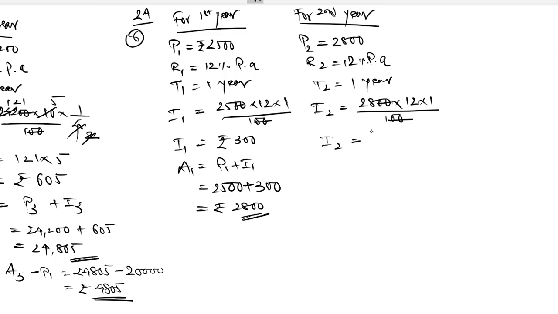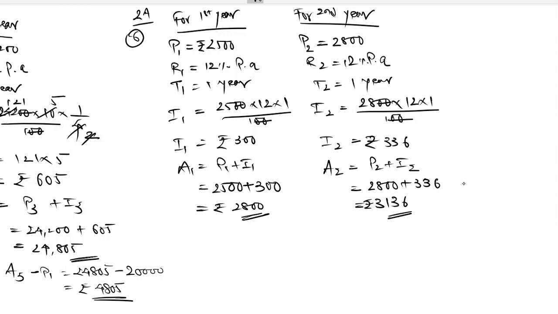So I2 is equal to 28 12s are rupees 336. So A2 is P2 plus I2, that is 2800 plus 336. So this is 3136. So this is the total amount payable after 2 years.